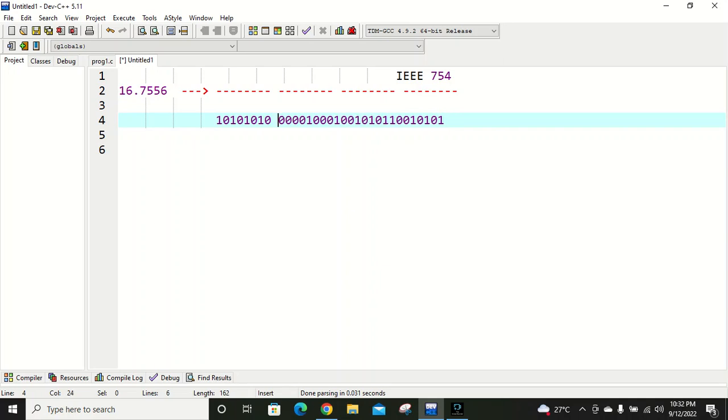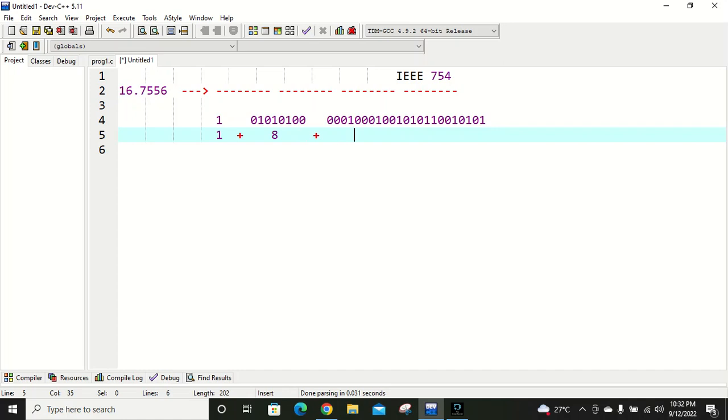The first part represents the sign. This first bit represents the sign. After that, the next 8 bits, 1, 2, 3, 4, 5, 6, 7 and 8, represent the exponent. So we have 1 bit plus 8 bits plus the remaining bits.